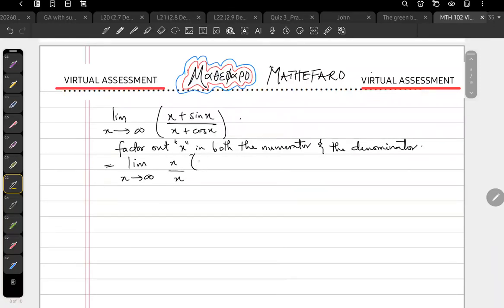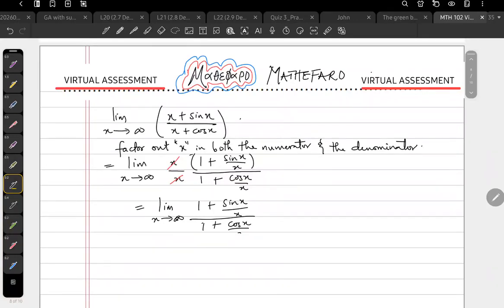In the numerator, we have 1 plus sine x over x. And in the denominator, we have 1 plus cosine of x over x. So the x's can now cancel out, which means we are left with the limit as x goes to infinity of 1 plus sine x over x over 1 plus cos x over x.